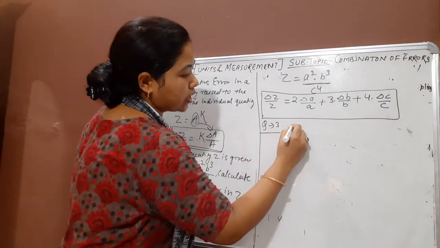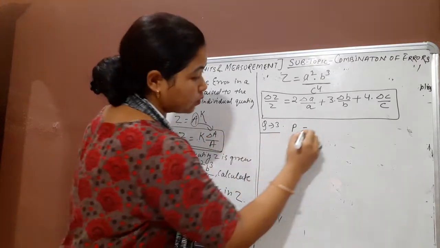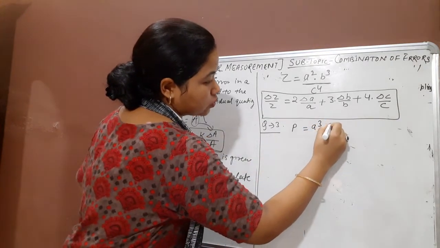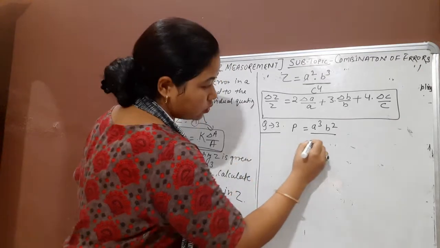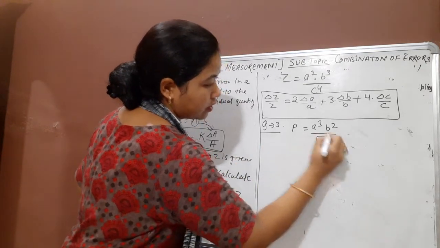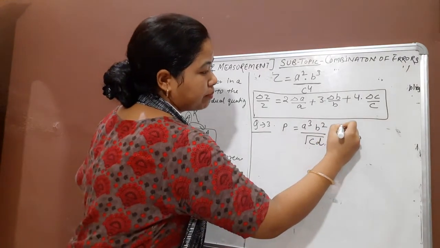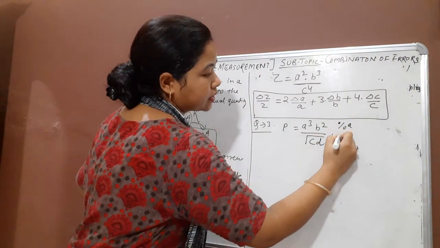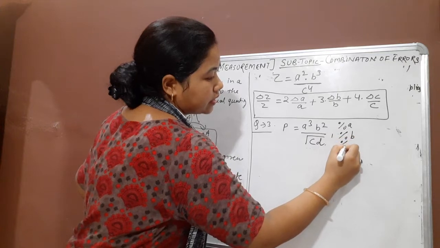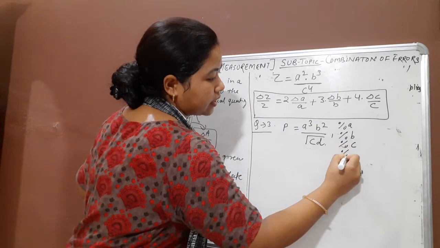Suppose P is a quantity related to a cube b square divided by under root c into d, right? Now the given values are the percentage error in a, percentage error in b, percentage error in c, percentage error in d.